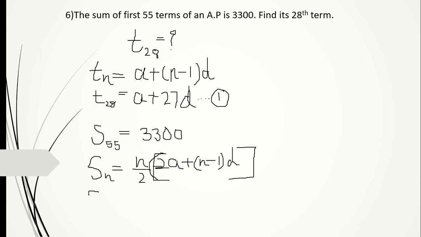So S55 is equal to 55 upon 2, since n is 55 in this case, times the bracket 2a plus 55 minus 1, which is 54, d.